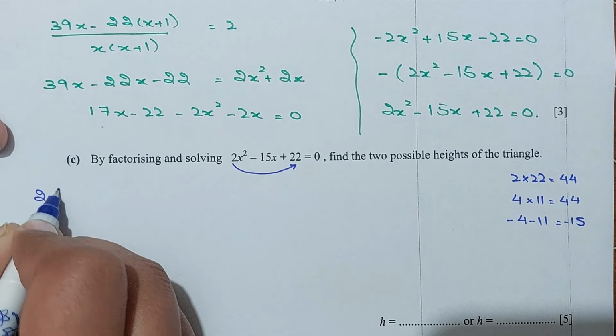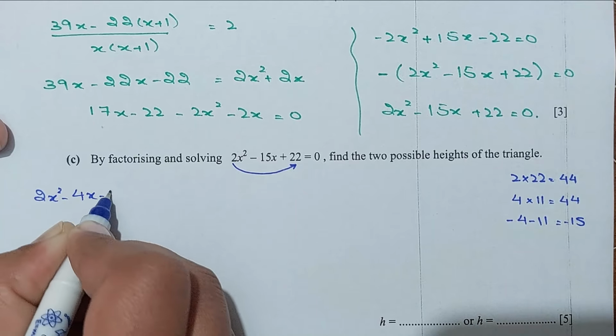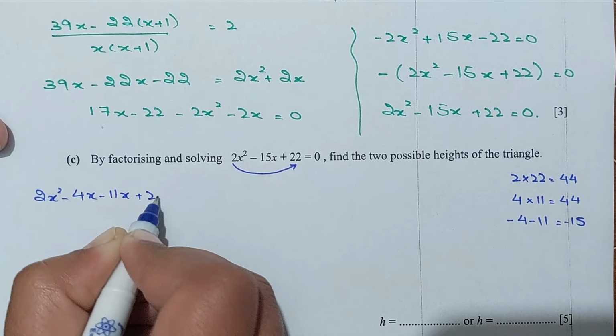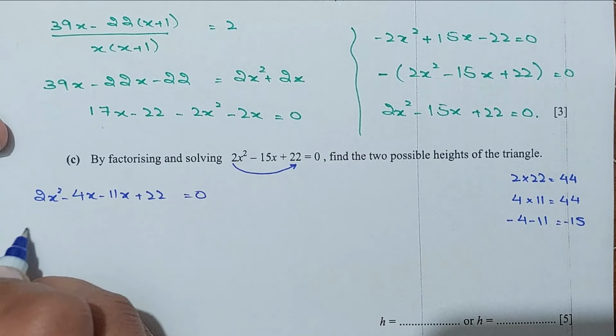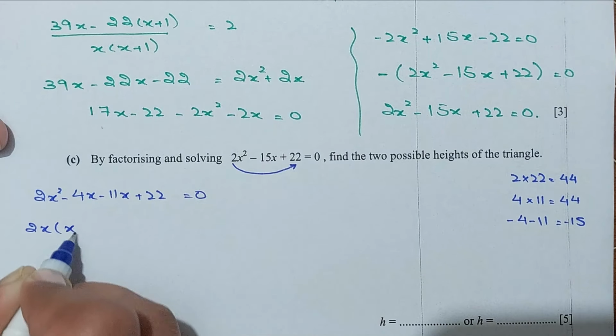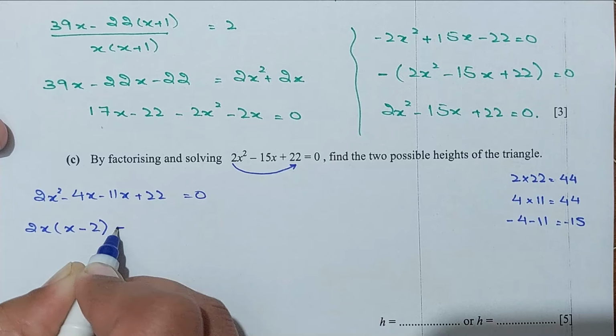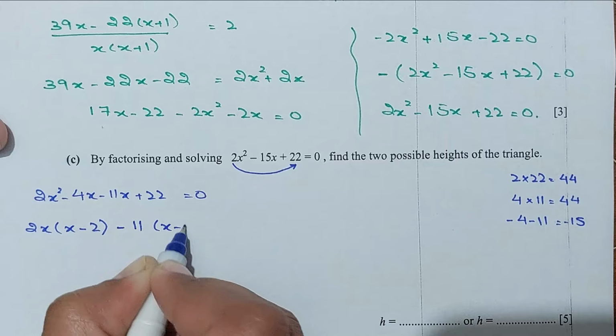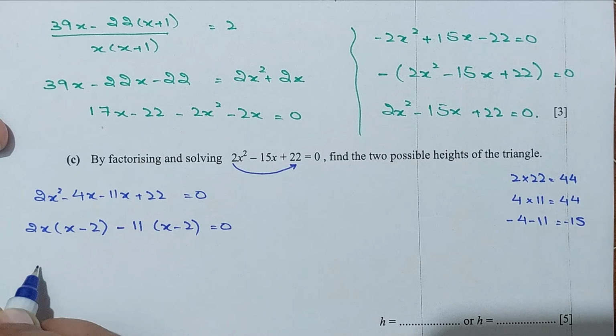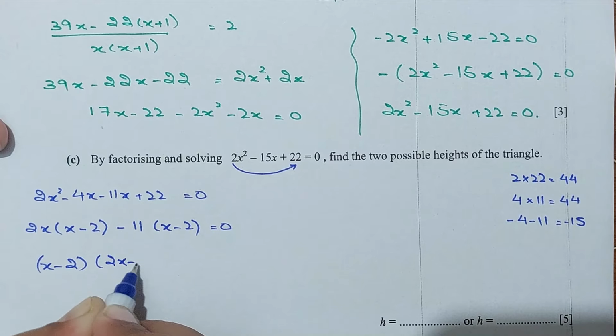So 2x square minus 4x minus 11x plus 22 equals 0. Let me take 2x common. We have x minus 2. Negative 11 is common. x minus 2 equals 0. The two factors are x minus 2 and 2x minus 11 equals 0.